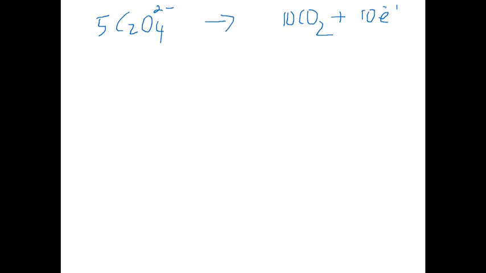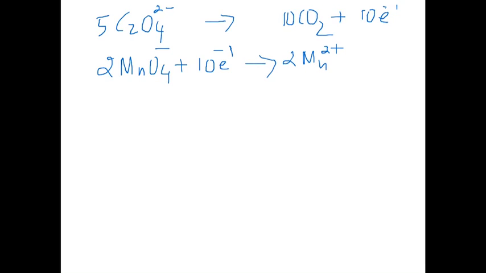The reduction half reaction, we have 2 MnO4 minus plus 10 electrons giving you 2 Mn2 plus.